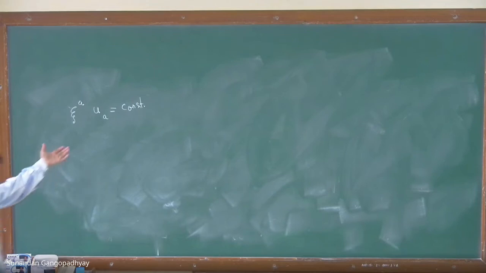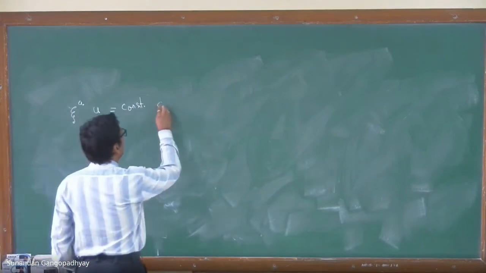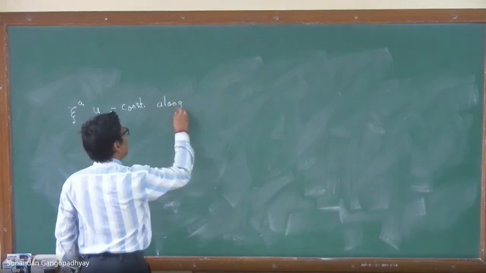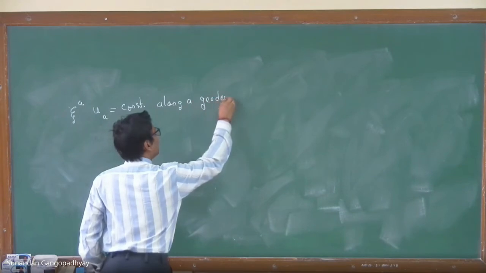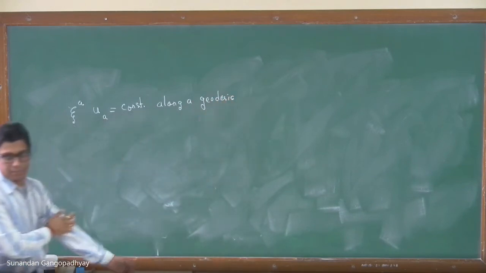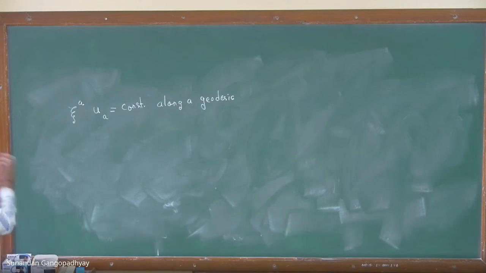There I used this fact. If you go back to your class notes, then you will see this. I told you that I shall derive this result for you later, once I tell you what geodesics are. So let us now derive this result.